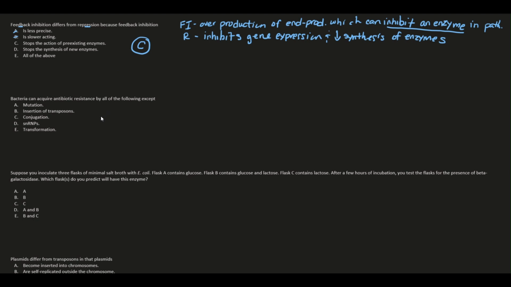Our next question. Bacteria can acquire antibiotic resistance by all of the following except. So we want to know, by process of elimination, how can bacteria acquire antibiotic resistance? Well, it can acquire it through mutation, so that is true. B, insertion of transposons. Well, what is a transposon?